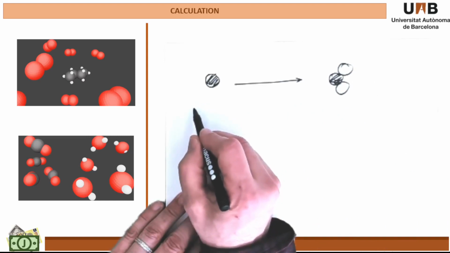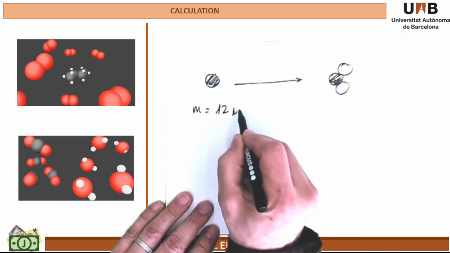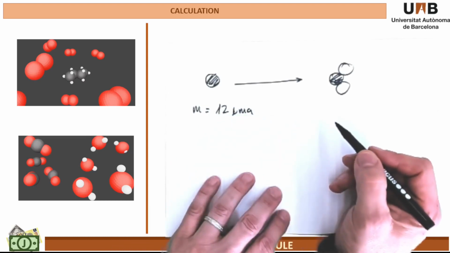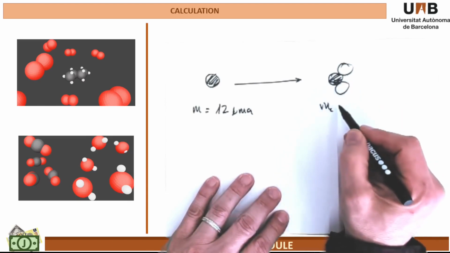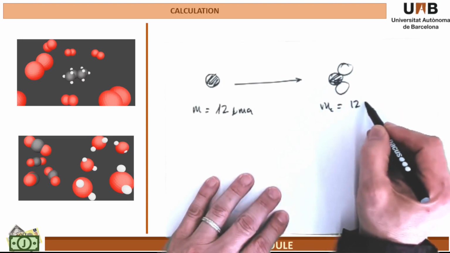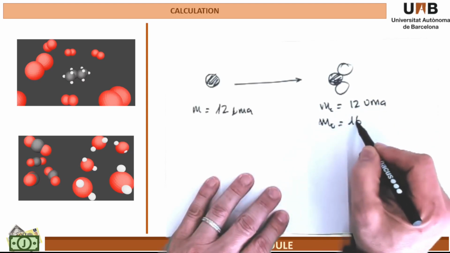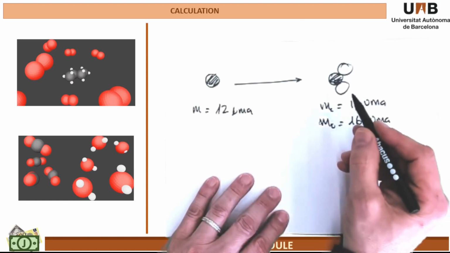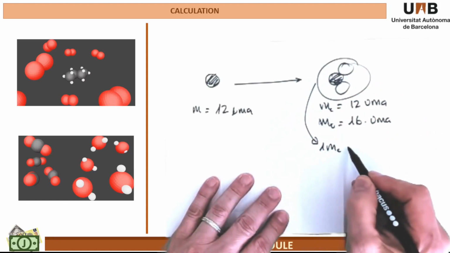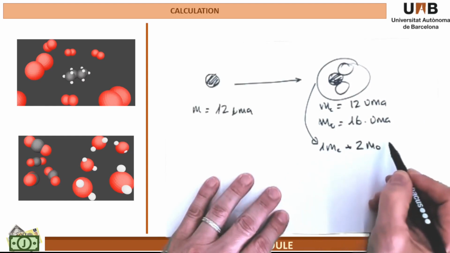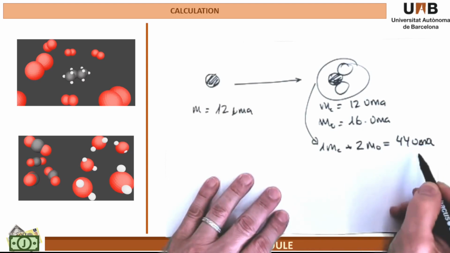The atomic mass of carbon is 12 UMA, and the mass of oxygen is 16 UMA. So this means that this molecule, as it has 1 carbon and 2 oxygen, weighs 44 UMA.